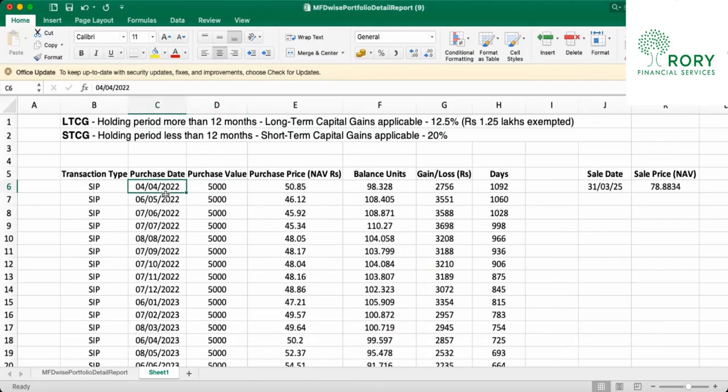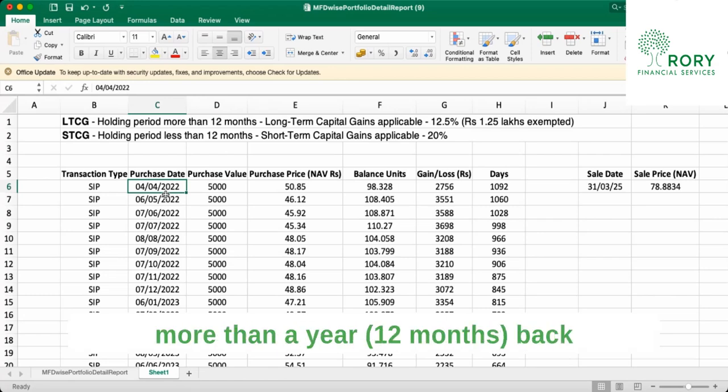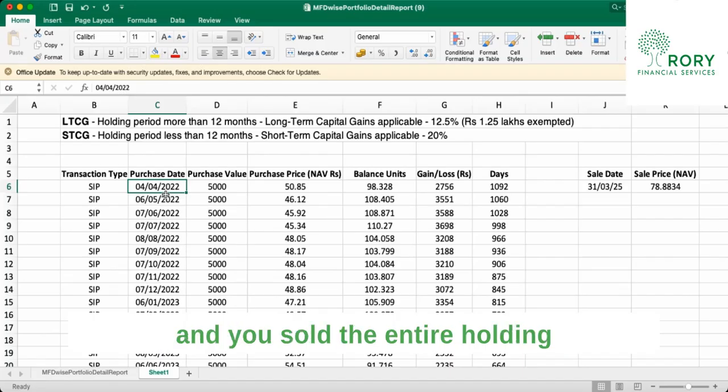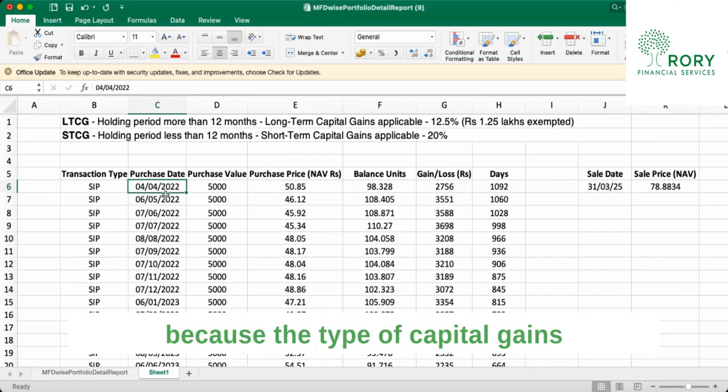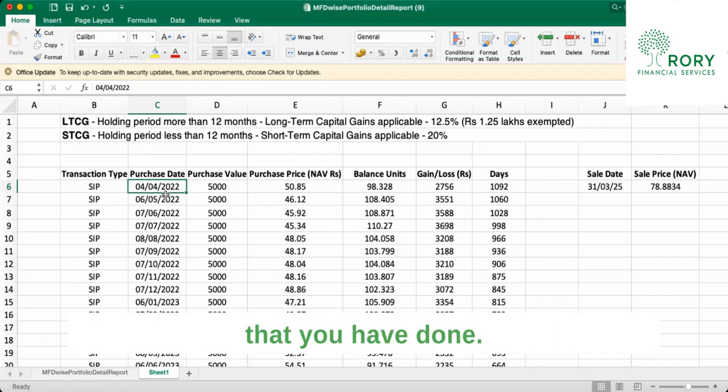So, the first thing we need to understand is that if you started investing in April 2022, this means that you started more than a year back and you sold the entire holding that you have. This does not qualify you for entirely long term capital gains because the capital gains is defined by period and the period is on each transaction that you have done.